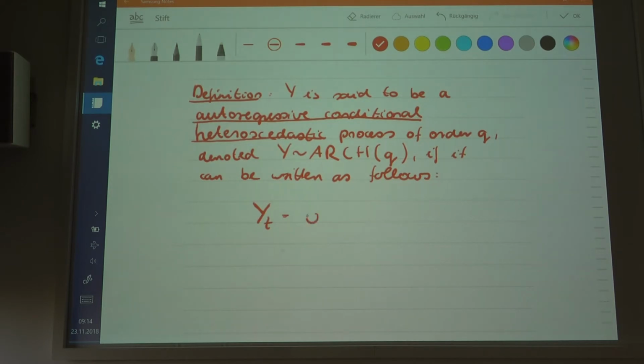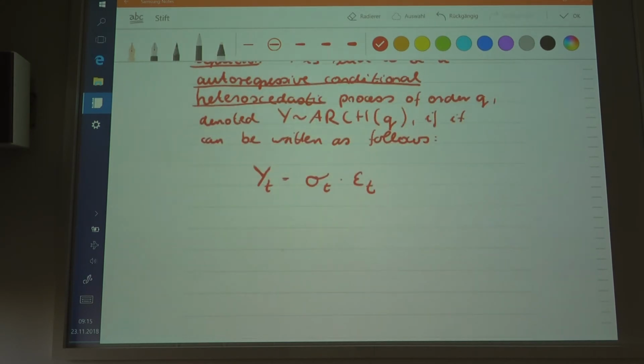You have sigma t times epsilon t, and here in particular the variance process, or the stochastic variance, or volatility, is also specified. So I add this to this definition.